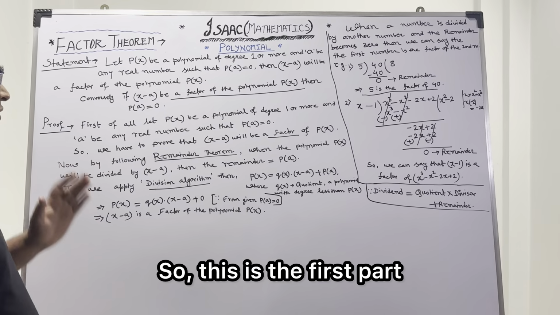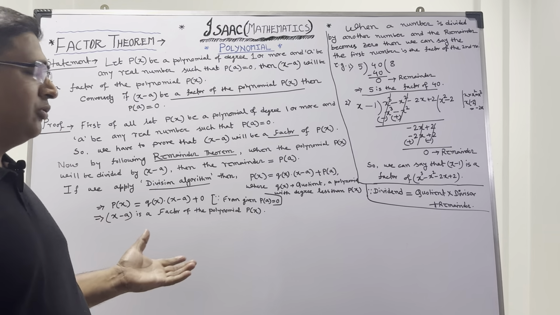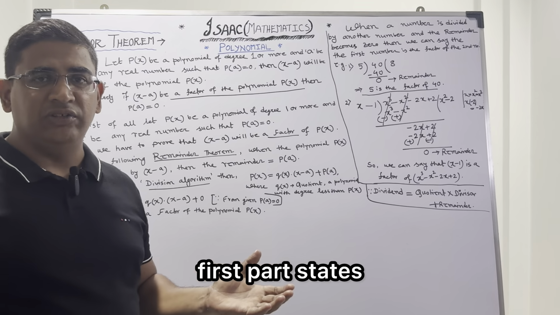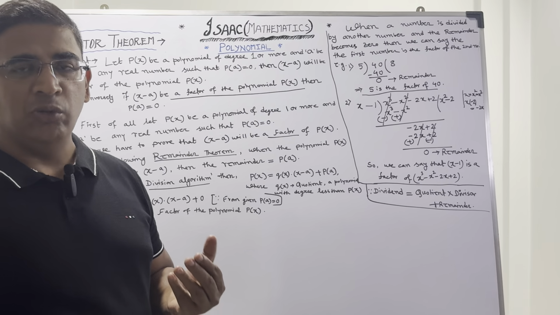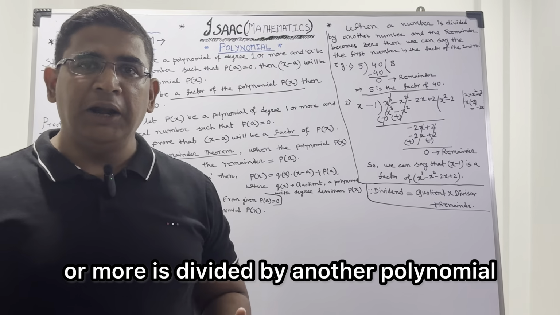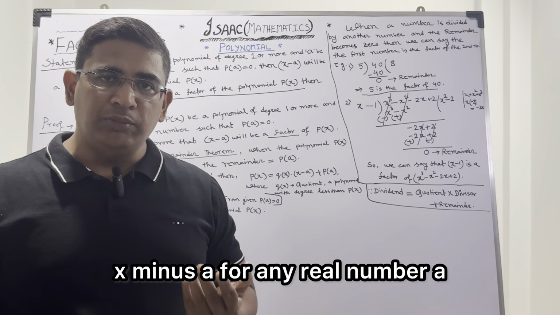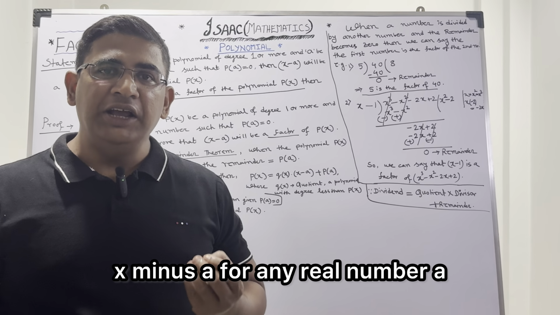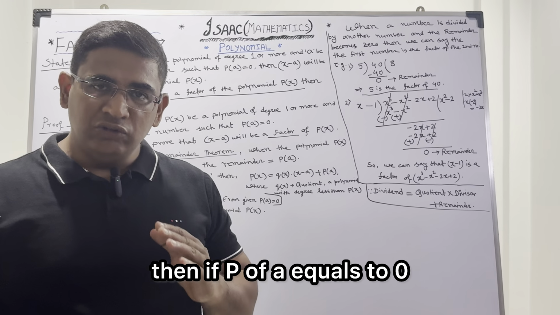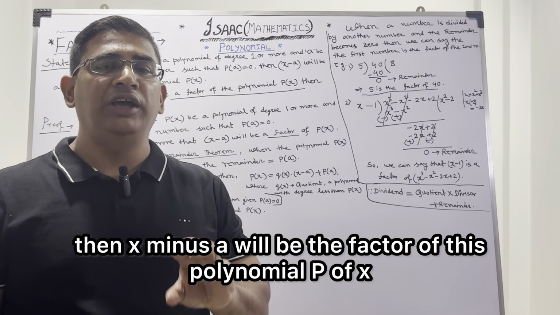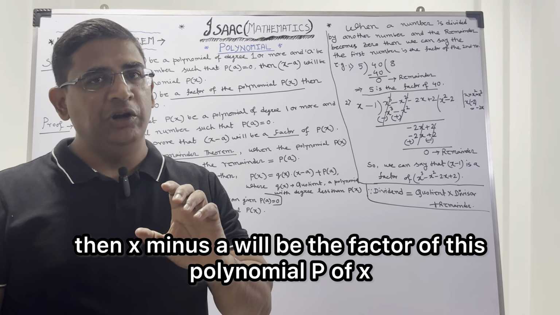Okay, so this is the first part. The first part states that when a polynomial P of x whose degree is 1 or more is divided by another polynomial x minus a for any real number a, then if P of a equals 0, then x minus a will be a factor of this polynomial P of x.